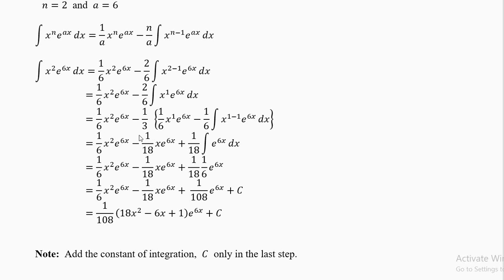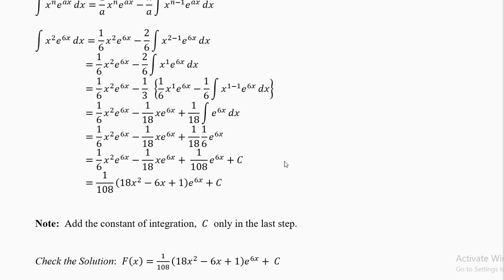Open the bracket. You will get minus 1 by 3 into 1 by 6 is minus 1 by 18. Now no need to write x power 1. Just write x. Then minus 1 by 3 into minus 1 by 6 is plus 1 by 18 e power 6x. Now e power 6x, you know how to integrate. It is 1 over 6 e power 6x. Now 18 into 6 is 108. You can take 108 as common.